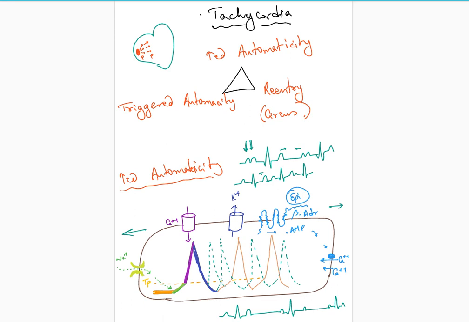When the second P wave is coming up so early, do you think the AV node is fired by that time? No. So then both the P waves should be before QRS or should be after QRS?